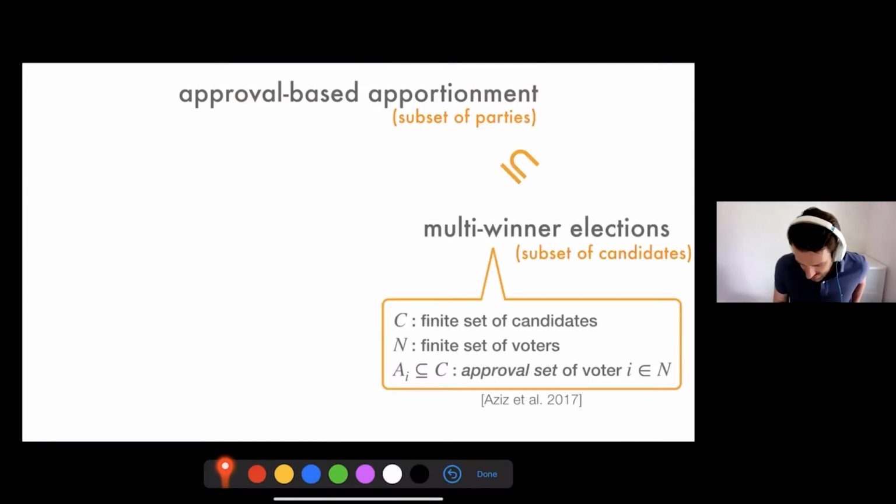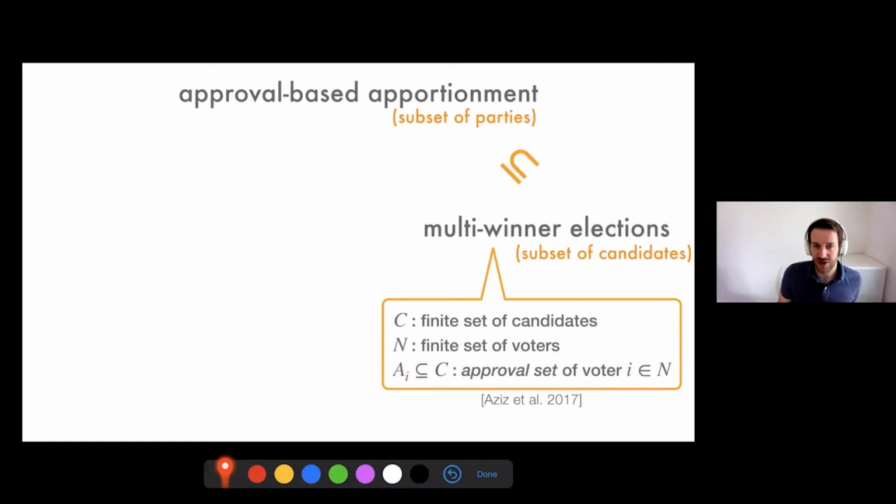The multi-winner election setting with approval votes has a finite set of candidates, a finite set of voters. And then for each voter, you have a subset of candidates, which are the approved candidates. So the difference here is that approvals are expressed on the level of candidates, not on the level of parties. There do not even have to exist any parties in this setting. This is very general, very abstract.